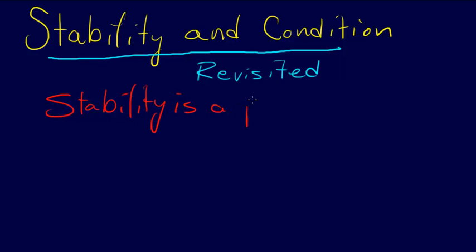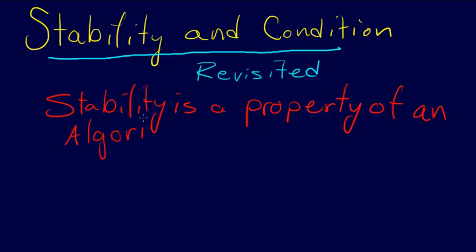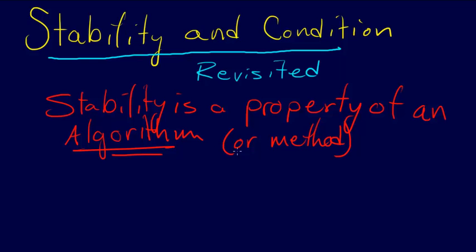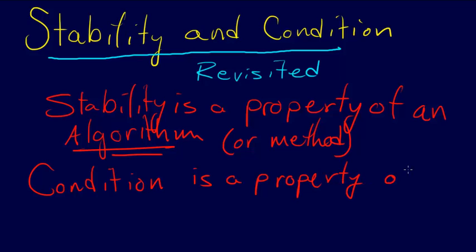is a property of an algorithm or method, and condition, on the other hand, is a property of a problem.